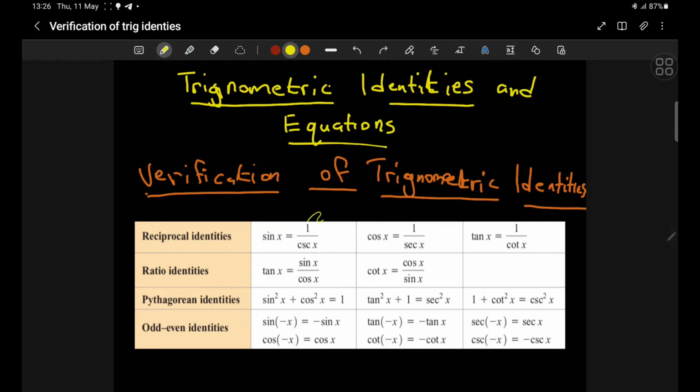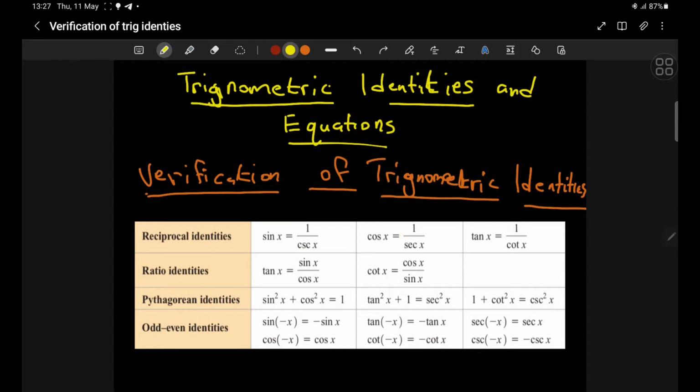We have the top part here, what we call the reciprocal identities. I'm sure we all know what this is. We have sine x is equal to 1 over cosec x, and 1 over cosec x is equal to sine x, and just like that. All these should be in your head.